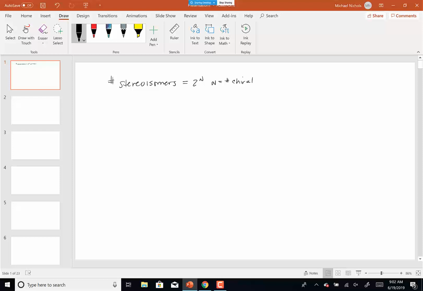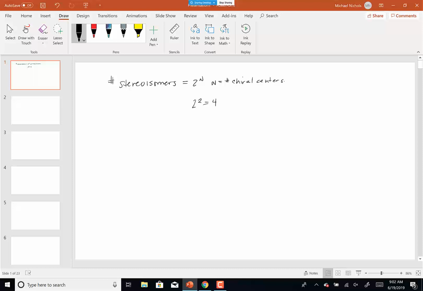When you only have one chiral center, you only have the possibility of 2 stereoisomers, a D and an L or an R and an S. But now when we go to 2 chiral centers, we're going to end up with the possibility of 4 stereoisomers.